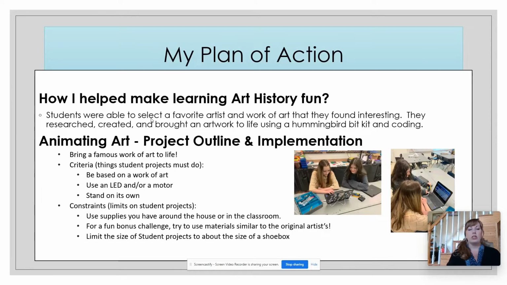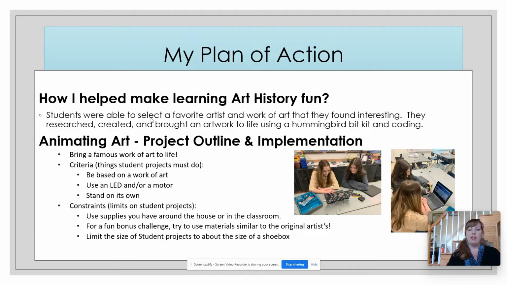My plan of action was how I helped make learning art history more fun. Students were able to select a favorite artist and recreate their artwork and add some Hummingbird Bit Kit coding with it to make the artwork come to life.